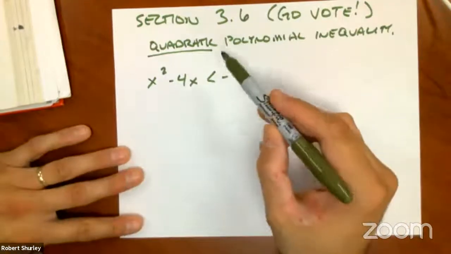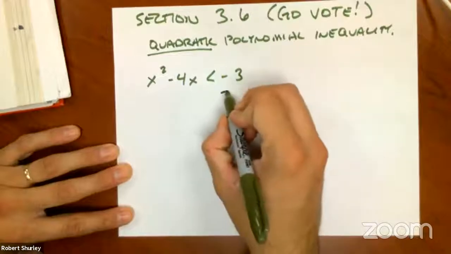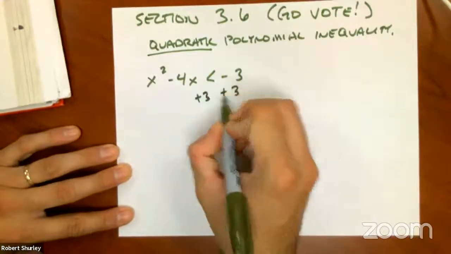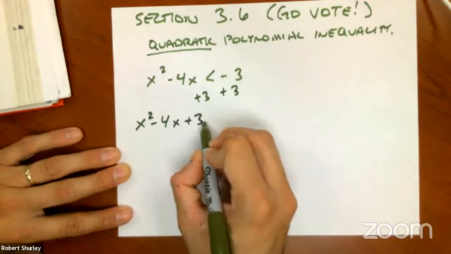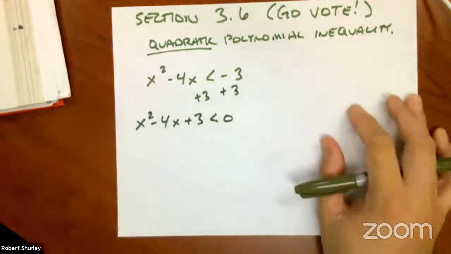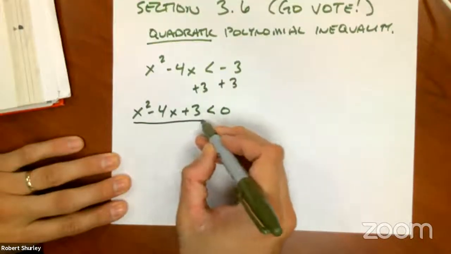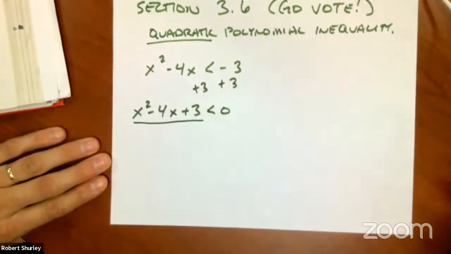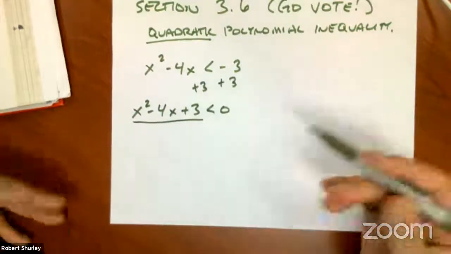So to solve these, the first thing you have to have is 0 on one side of the equation. So I'm going to add the 3 to the other side of this equation. X squared minus 4x plus 3 is less than 0. So now I want to graph this equation. And we've done this a lot now, right? We found x-intercepts.